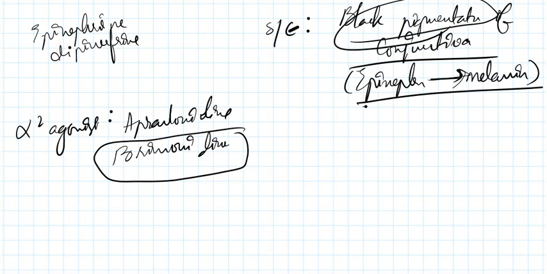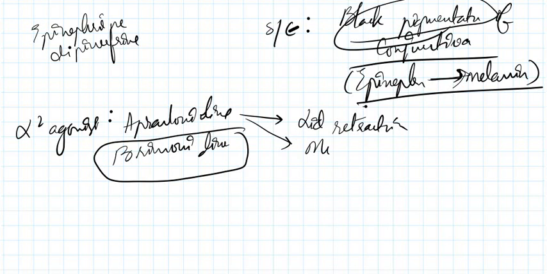Still, the side effects of apraclonidine are very important. What are the side effects? It causes lid retraction. It also causes mydriasis. It also causes conjunctival blanching.